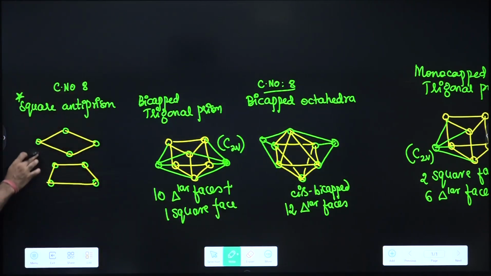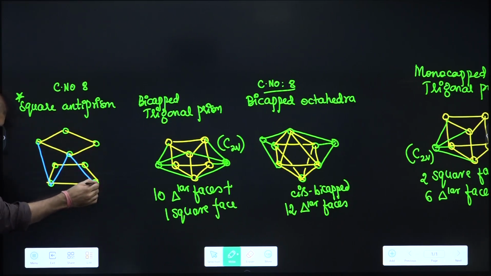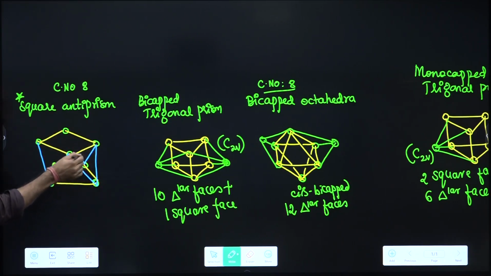Now you just watch again. In the trigonal antiprism I said top to bottom, bottom to top, towards you and away from you. The same thing you follow. 1, 2, 3, 4, 5, 6, 7 and 8.